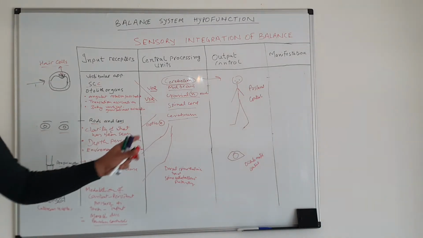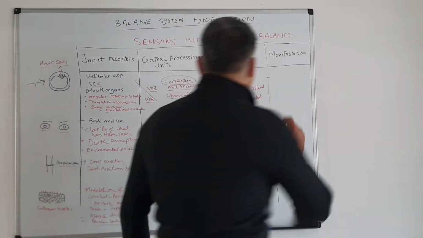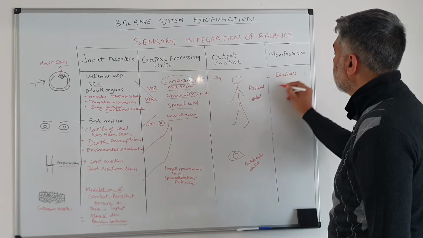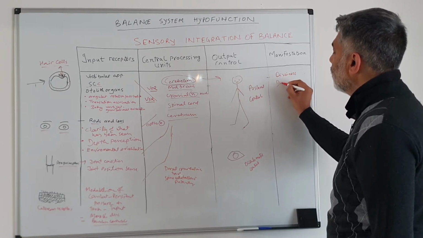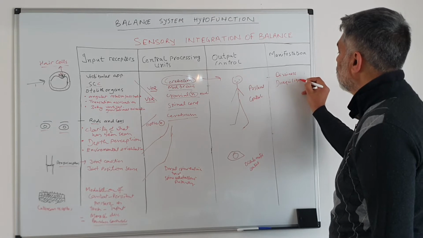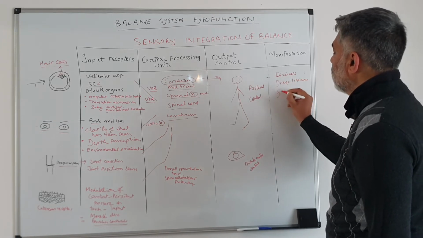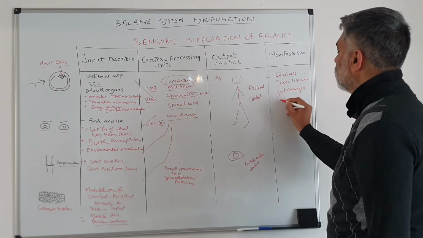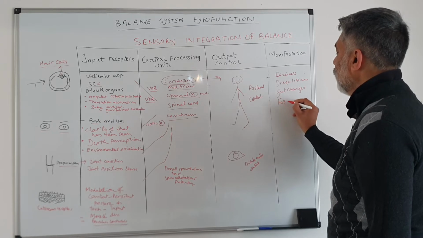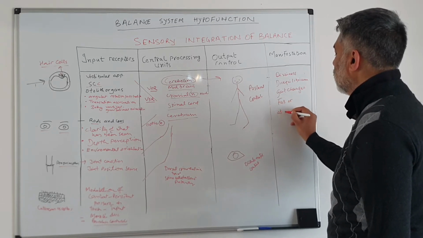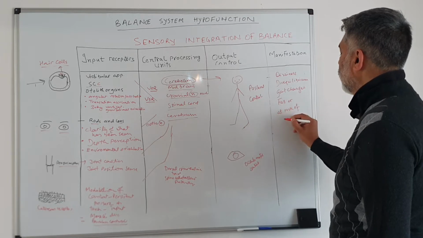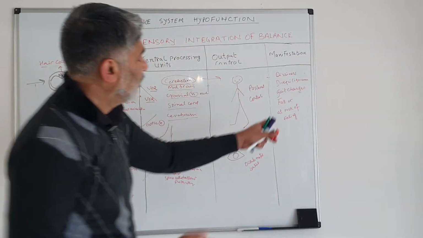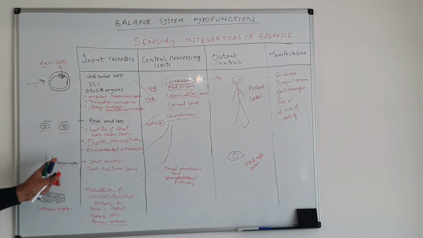So the information is not accurate, and that will manifest into some sort of dizziness, disequilibrium, gait changes, could be fall or at risk of falling. So these are a few manifestations if one of these systems is not functioning.